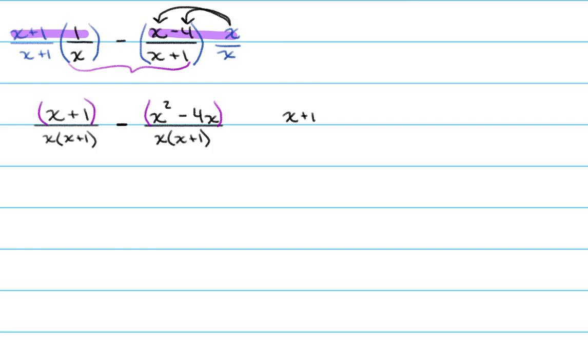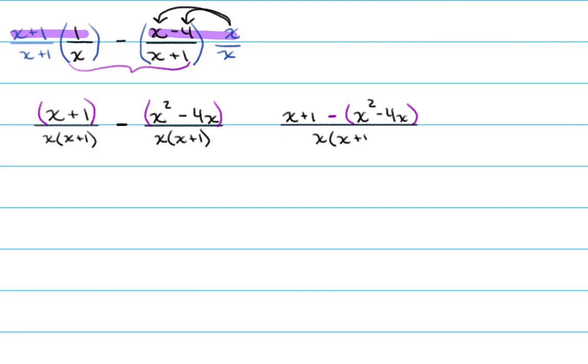What that means is you're going to end up distributing this negative sign. I will show you that. This is your adding and subtracting polynomials idea. So minus, open parenthesis, x squared minus 4x over the same denominator. So here we've got a little bit more cleanup involved. That's the only thing that makes it spicier.